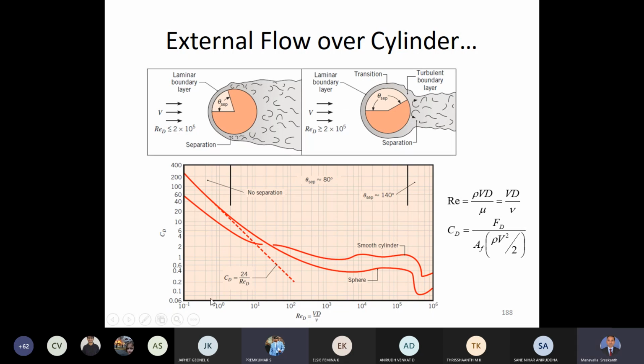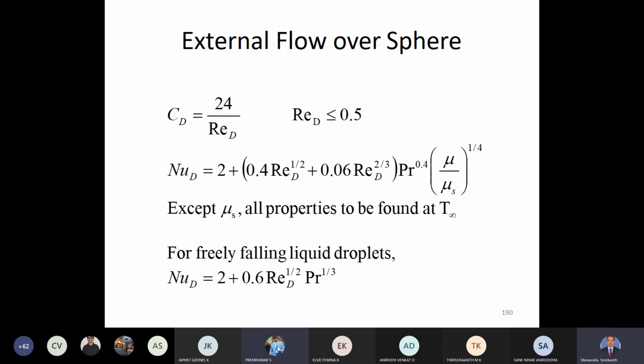Reynolds number less than 0.5 means somewhere in this region. 10 power minus 1 is 0.1, and 10 power 0 is 1. So somewhere in between 0.1, 0.3, 0.5, at this value or anything less than that, the drag coefficient is clearly defined as 24 divided by the Reynolds number.